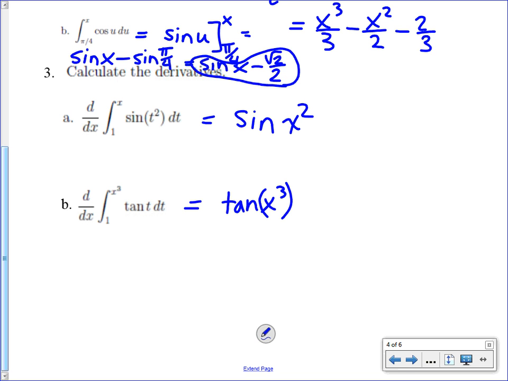We have to multiply by the derivative of x cubed, which is 3x squared. So this is 3x squared times the tangent of x cubed. These can be super duper easy on the AP exam if you can recognize them. And what makes it easier to recognize them is that you're finding the derivative of the antiderivative, or integral.